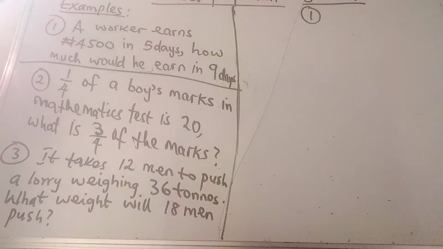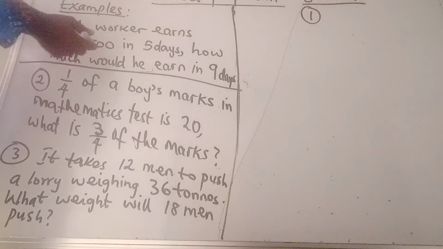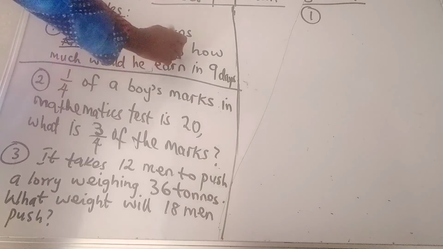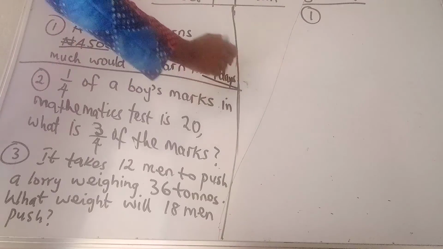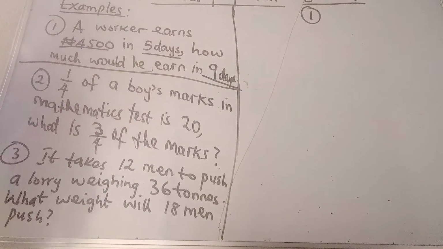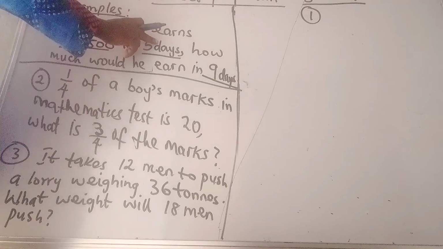Now, in question 1, a worker earns 4,500 naira in 5 days. How much would he earn in 9 days? Okay, we have the wages here and we have the number of days here.